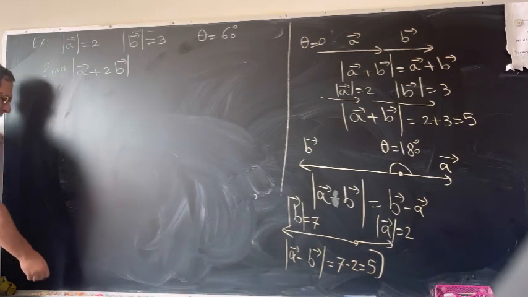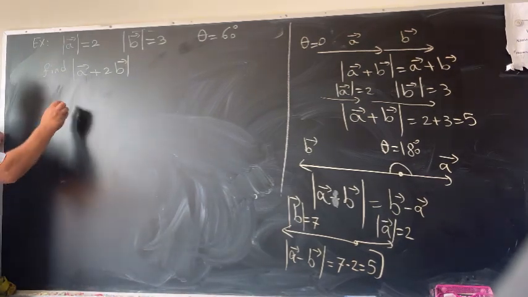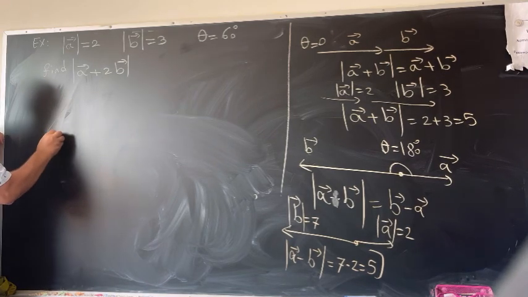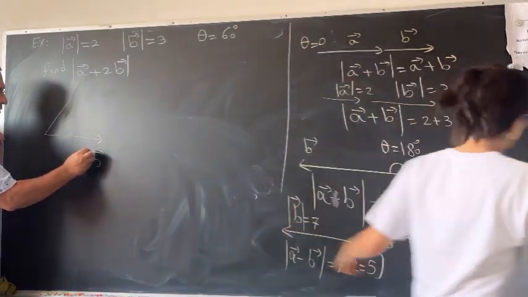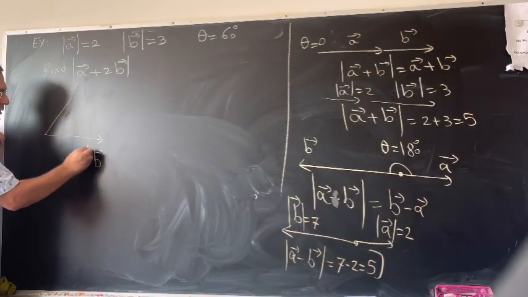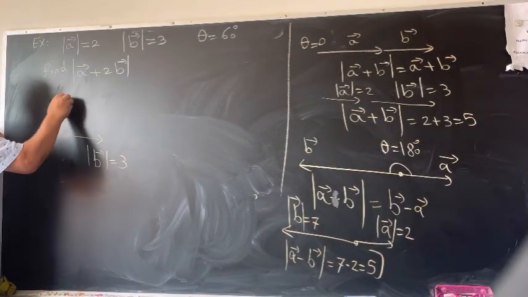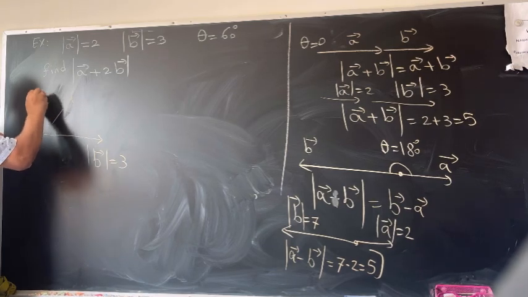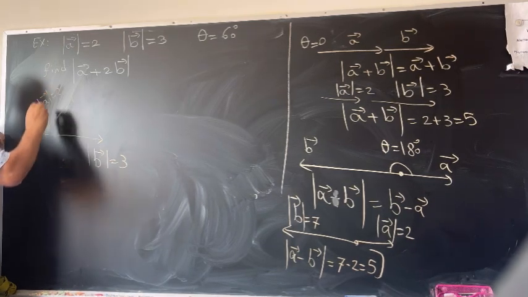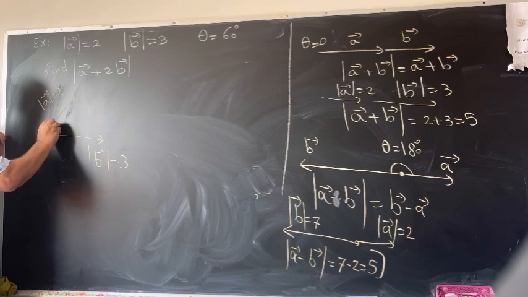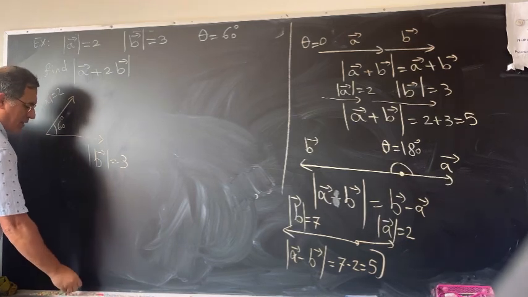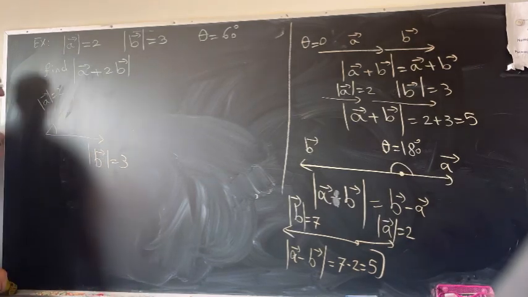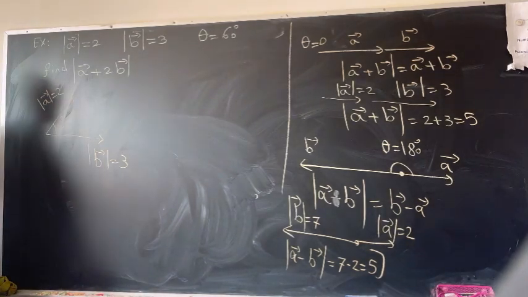As you see, you have two vectors, vector A and B. Vector B magnitude is 3 units, and vector A magnitude is 2 units. The angle between the two vectors is 60 degrees. How do you find the addition or resultant?